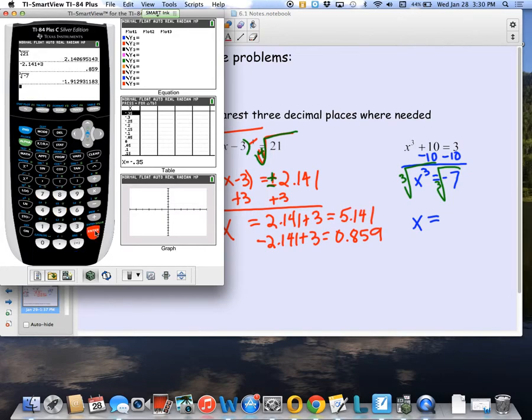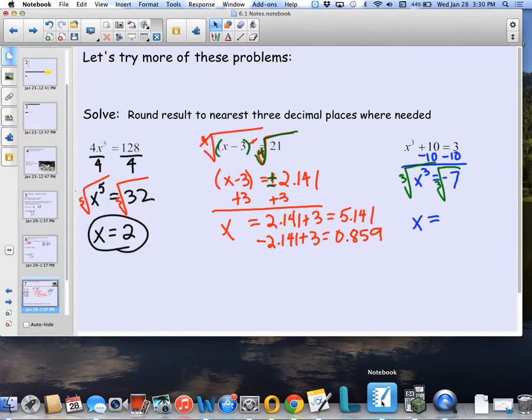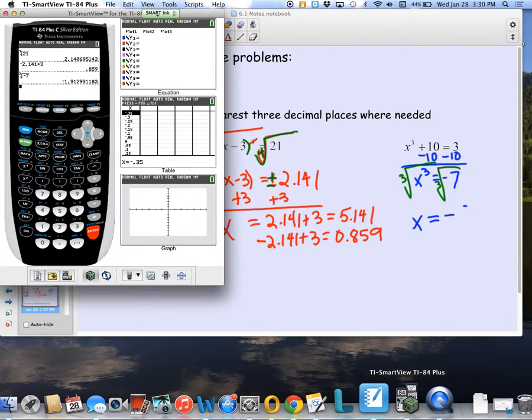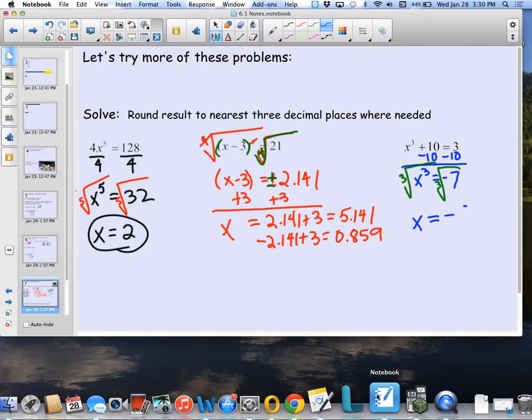When I hit enter, I get negative 1.913-ish. Negative 1.913. And I didn't need to plus or minus because it was odd.